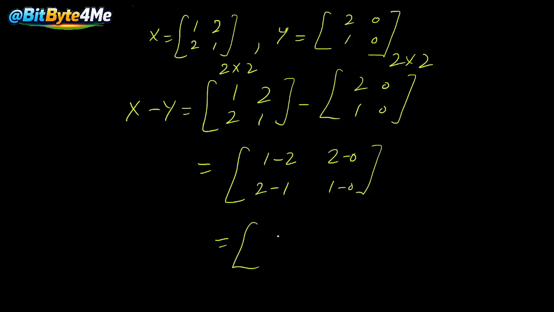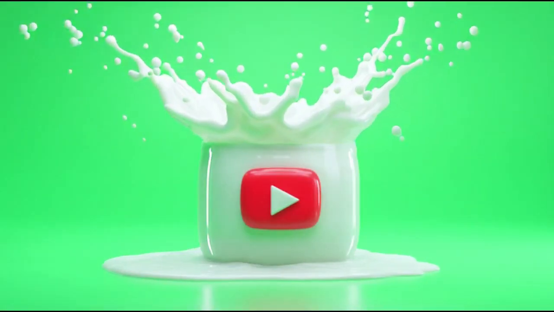This comes out to be [-1 2; 1 1]. So this is the subtraction X minus Y. It means you can add or subtract matrices of the same order from one another.